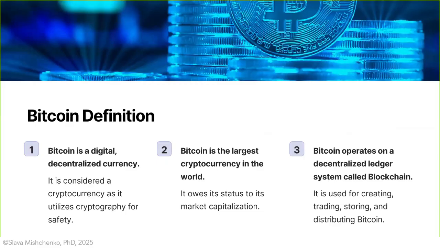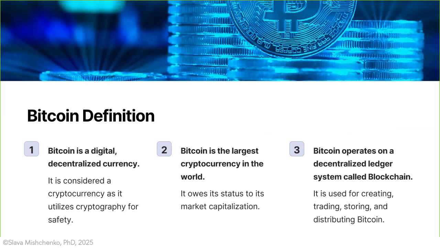For example, when I say cryptography, I'm talking about mathematical principles so secure that even the world's most powerful computers couldn't break them. I'd like to highlight here an important milestone: Bitcoin has achieved something remarkable by becoming the largest cryptocurrency in the world by market capitalization.